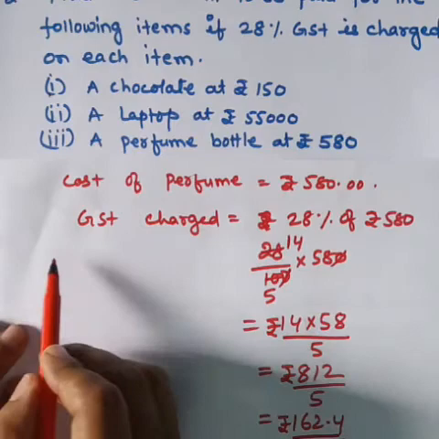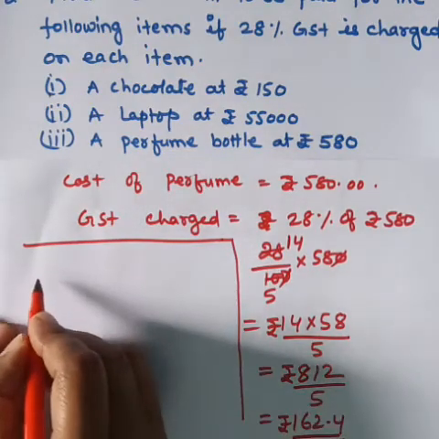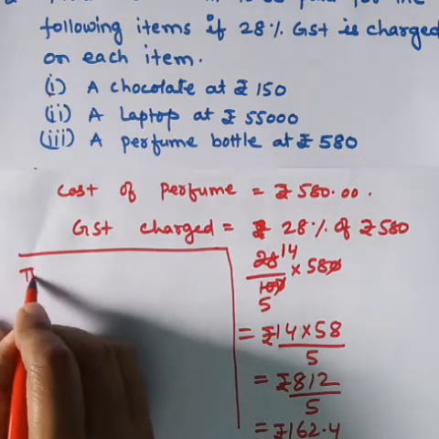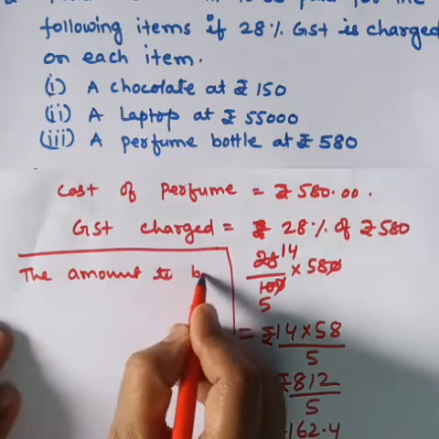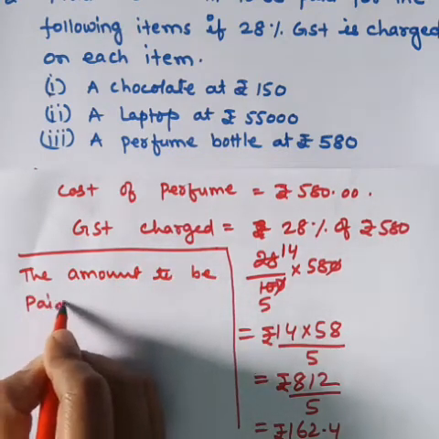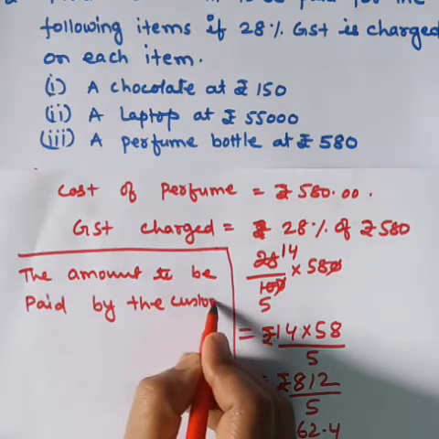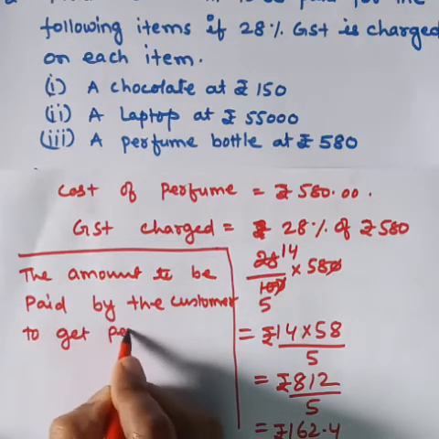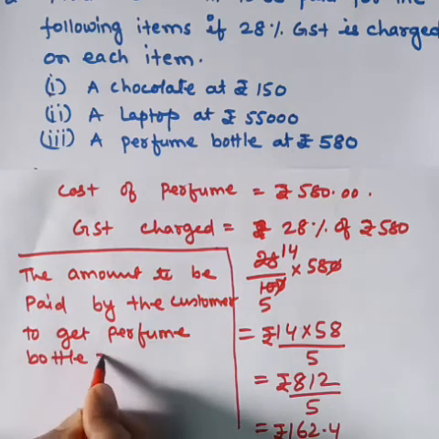Okay, so what we will say then, the cost of perfume, or the amount to be paid by the customer to get the perfume bottle, will be equal to how much?